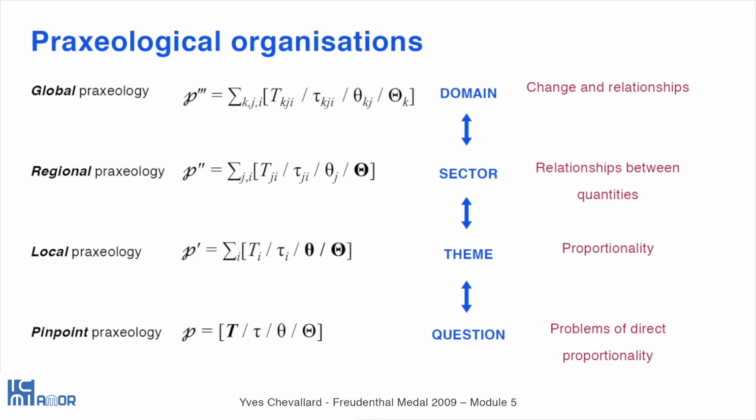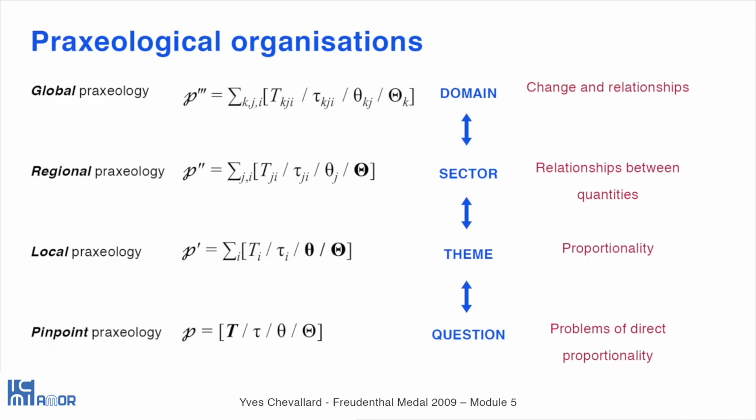A local praxeology corresponds to a theme, like the theme of proportionality. A regional praxeology, or an assemblage of local praxeologies around a common theory, can be approximated to a sector, what we usually call a block of content or a strand in a curriculum.